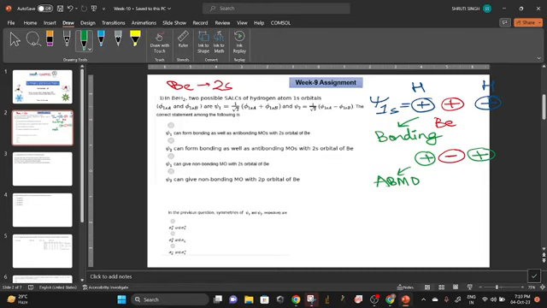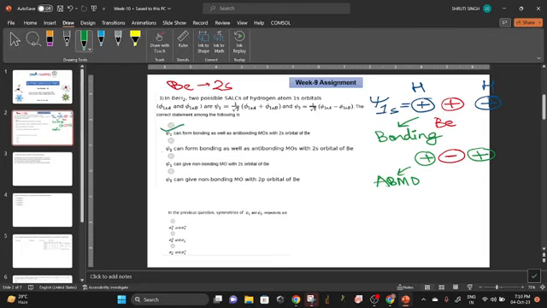So this Psi1 can form both bonding and anti-bonding orbital depending upon the phase of this beryllium 2s orbital. So the answer is that Psi1 can form bonding as well as anti-bonding.